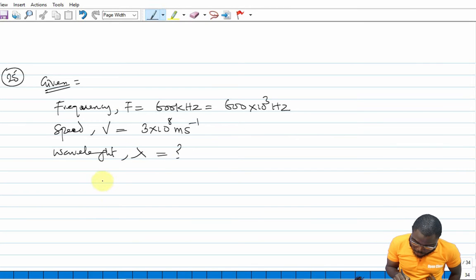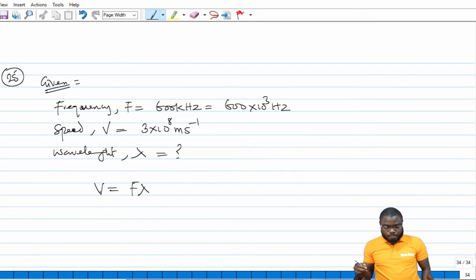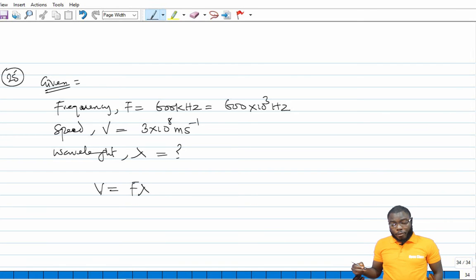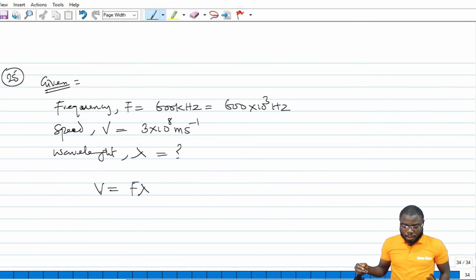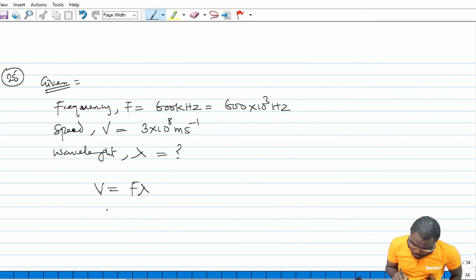So recall your formula here: v equals f times lambda. This is under waves, so the velocity equals frequency times the wavelength. Now your wavelength is automatically equal to v over f. So this is my formula.